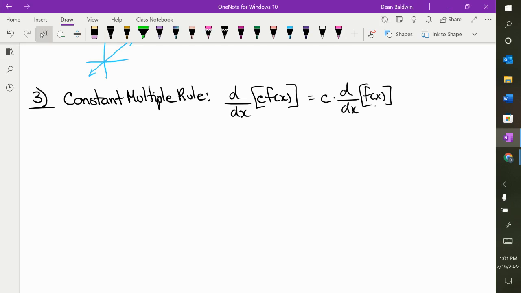So this allows us to do these types of problems. If I have y is equal to, I don't know, 3x squared, I can rewrite this. If I say, okay, do the derivative of this function.